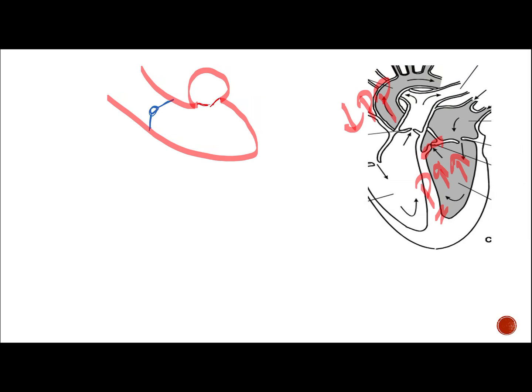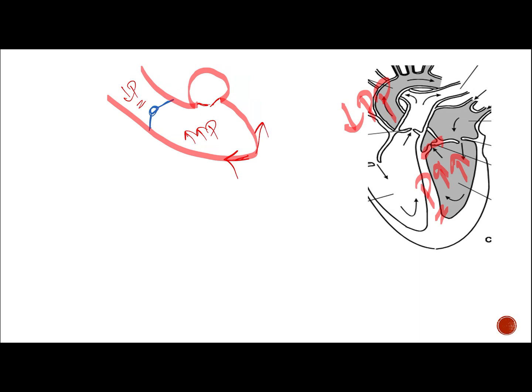As there's a stenosis, the pressure in the ventricle is going to rise and the pressure in the aorta is going to be quite low, and this increased ventricular pressure will lead to an increase in wall stress, that is, the left ventricular wall is under immense stress. Initially, due to increased stress, the ventricle has to overcome this stress in order to pump the blood from the ventricle into the aorta.